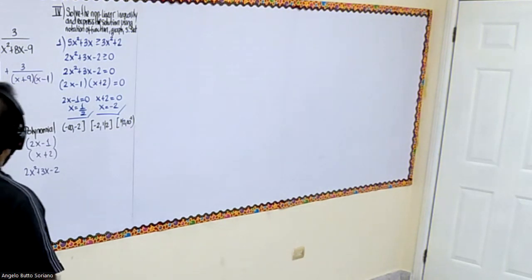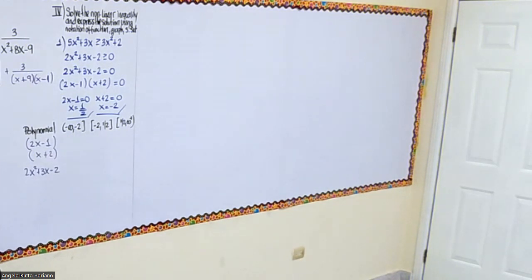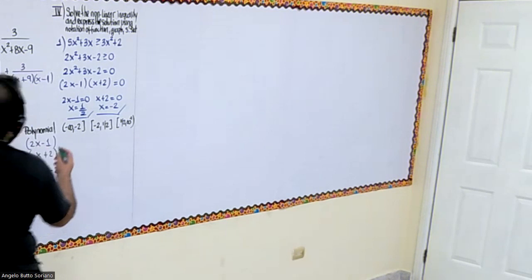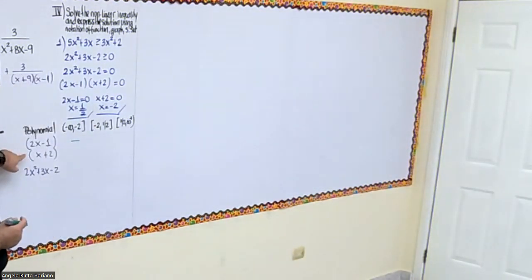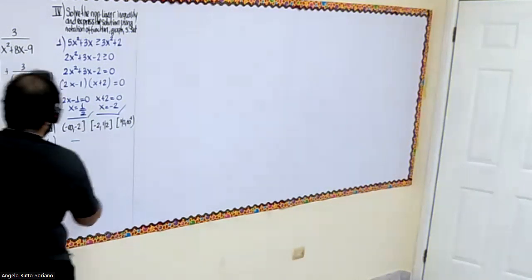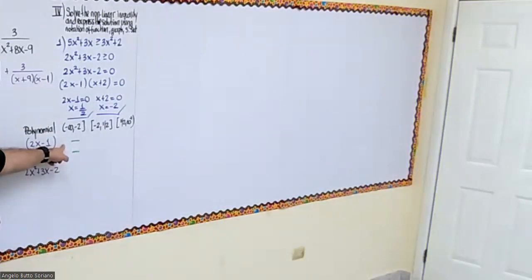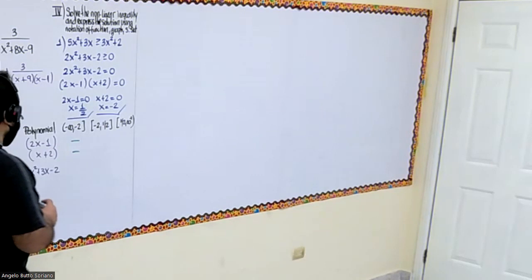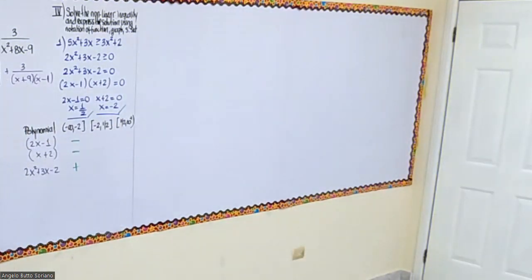For example, from negative infinity until negative 2, we can choose negative 3. 2 times negative 3 is negative 6, minus 1, negative 7. The answer will be negative. And for the other, negative 3 plus 2 is negative 1. Answer negative also. For that reason, negative times negative gives us positive. This is going to be the first solution set, the first column.